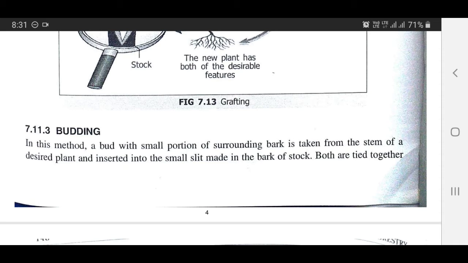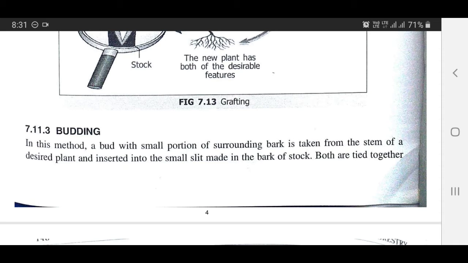In case of budding, we require scion as well as rootstocks, but the difference is only that in budding we utilize a single bud for implanting over the rootstock. Such a technique is known as budding, and there is no other difference between budding and grafting.